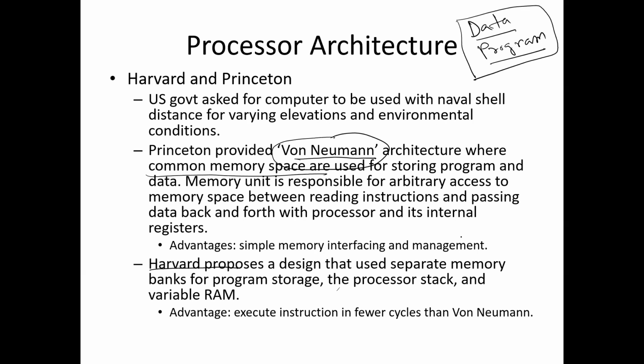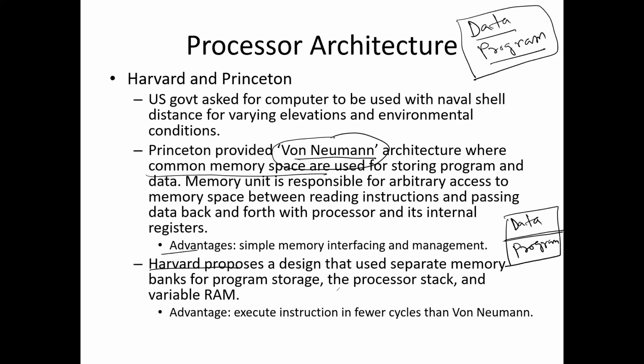In the Harvard architecture, there must be separate memory locations. That means one memory location for data memory, another for program memory. So this is the difference between the Harvard architecture and the one memory architecture.